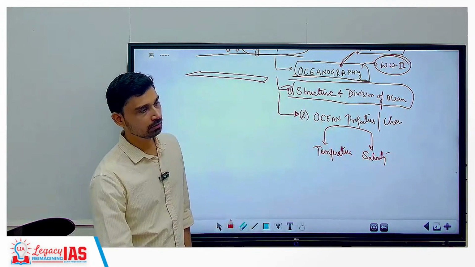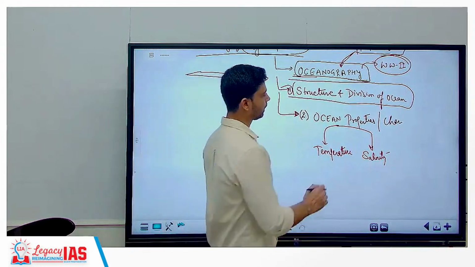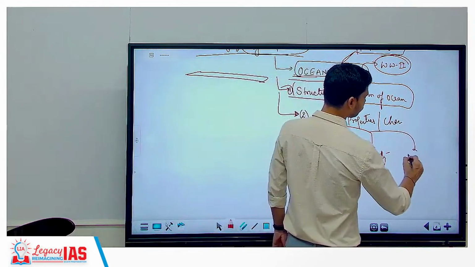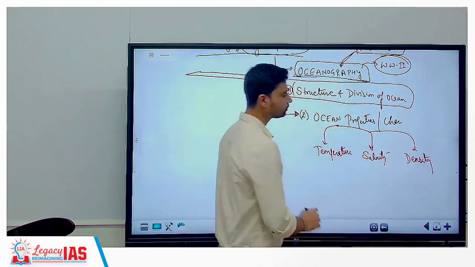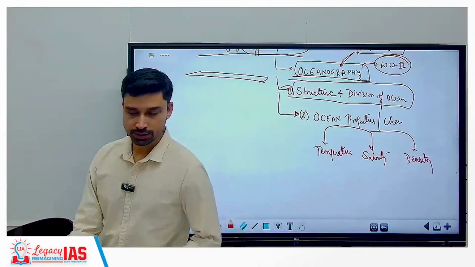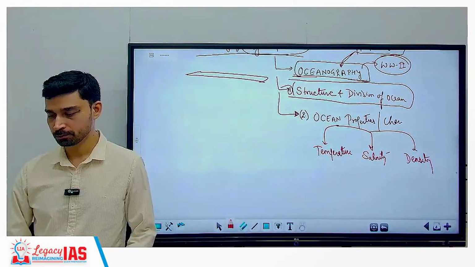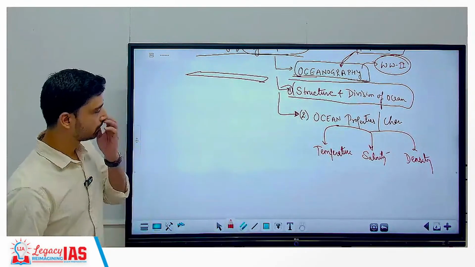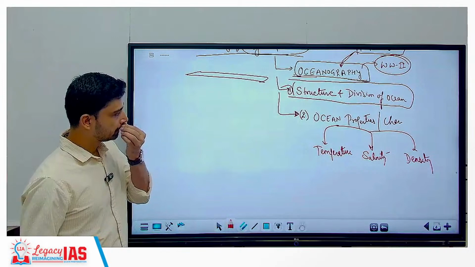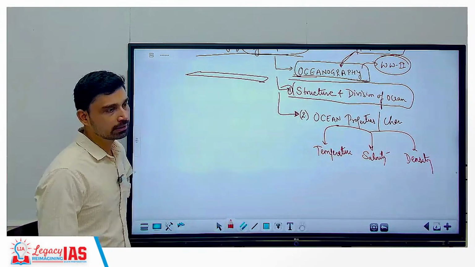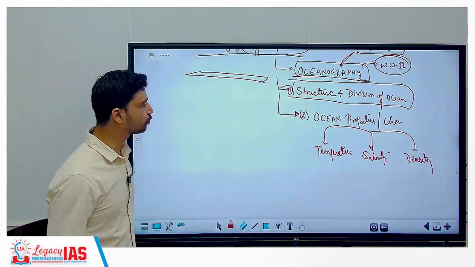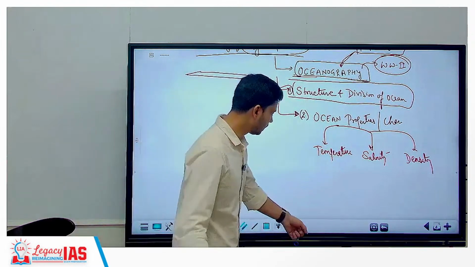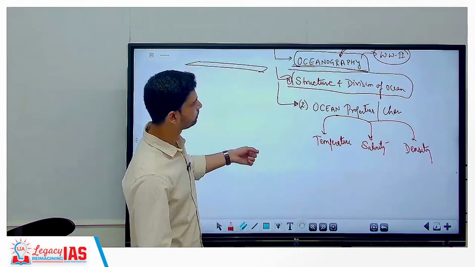Temperature, salinity, and third is density. So temperature, salinity, and density of the ocean. These are the 3 significant properties to be studied.